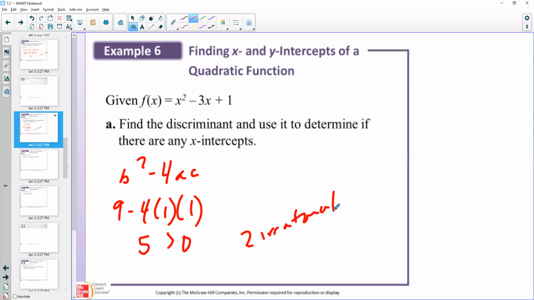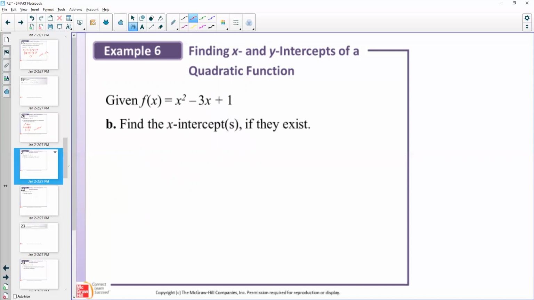And those are fine. So we do have intercepts. And if they exist, what we do is we use the quadratic formula to find them. So we do negative negative 3, so positive 3, plus or minus the square root of what we already know goes under there, which is 5, over 2 times 1, which is 2.